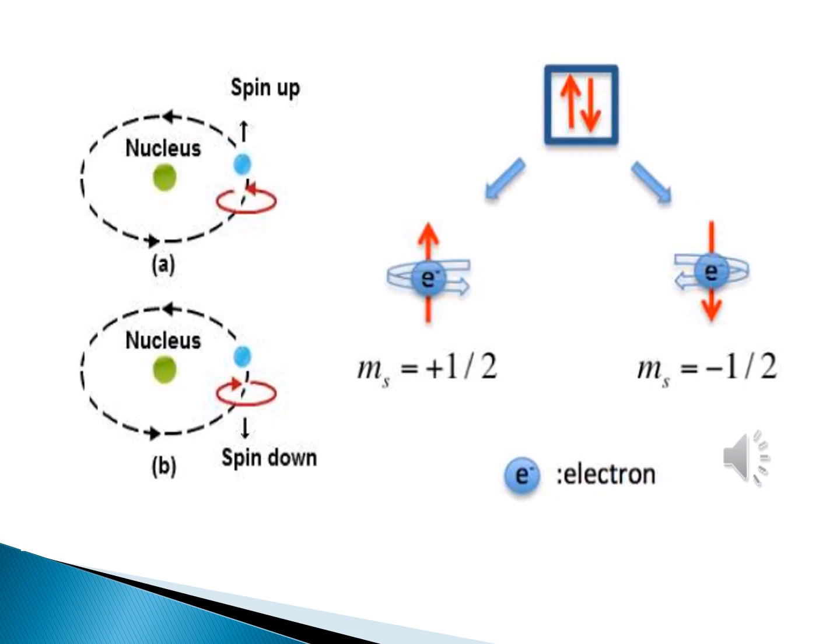This diagram shows the electrons with spin up and spin down. The spin up electron will have a spin moment equal to plus 1 by 2, and the spin down electron will have minus 1 by 2.